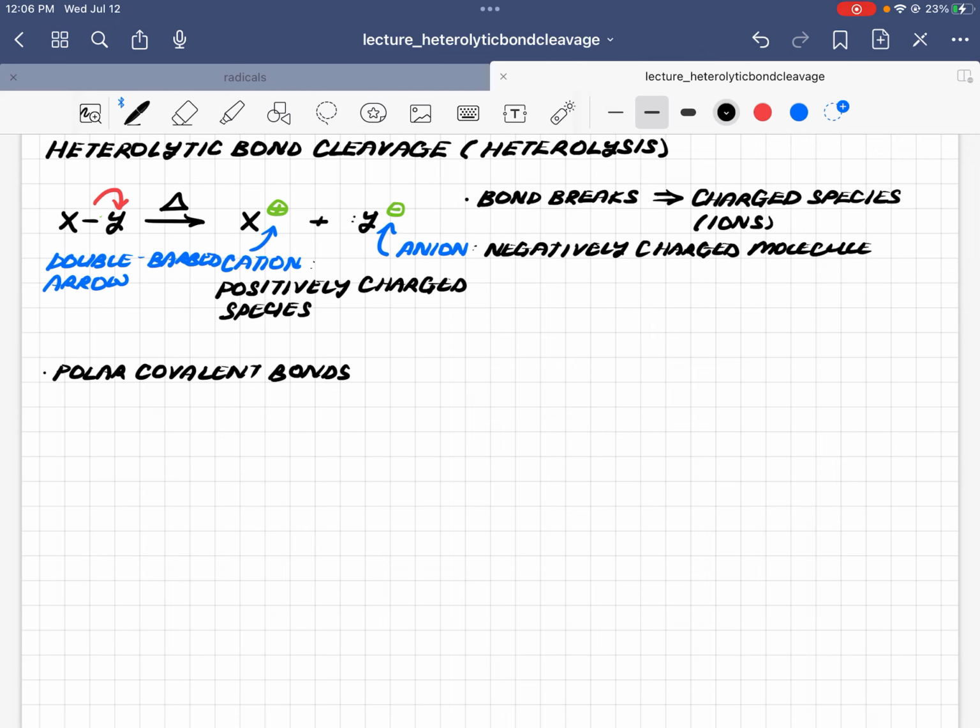When I say polar covalent bonds, I mean that the two atoms that are bonded together have a very, very different electronegativity. So one atom will have a higher electronegativity and the other atom will have a lower electronegativity. So in a polar covalent bond, there's a difference in electronegativity.